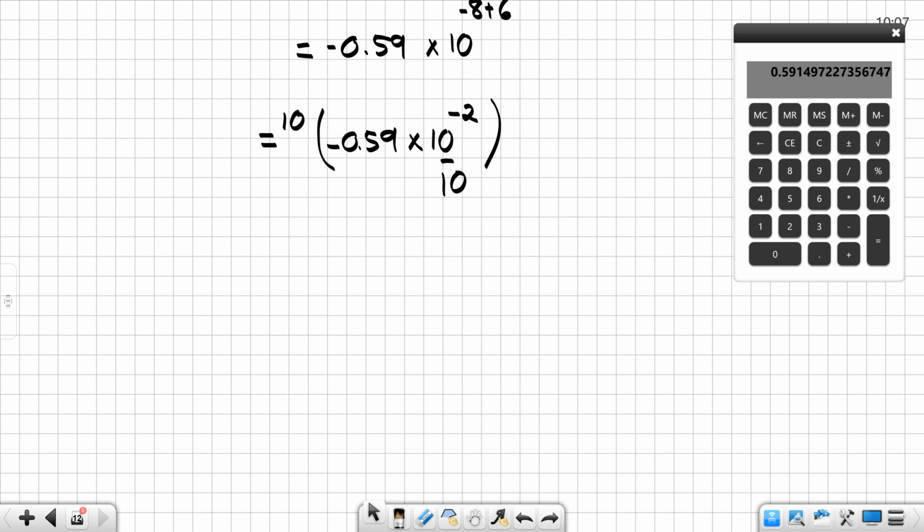Hold on, how am I going to do this here so that it looks nice? Let's take this whole thing. Now let's write it down nice. So in other words, multiplication by 10 is going to be attached to this first part, and the division by 10 is going to be attached to the back.